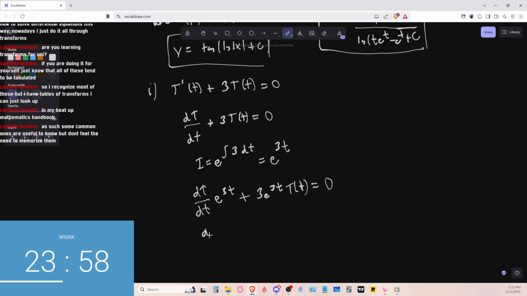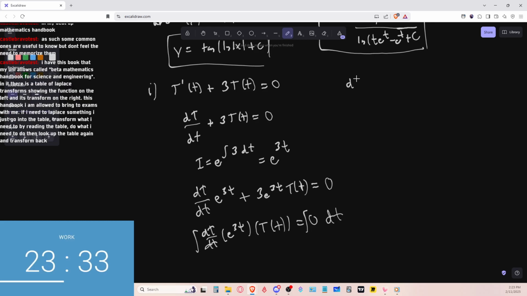Okay, so that would be the product rule, thus making it e to the t times dt. And then we integrate both sides. We'll move it over here, then we're left with a constant. Oh, no. That's not what I'm supposed to write.